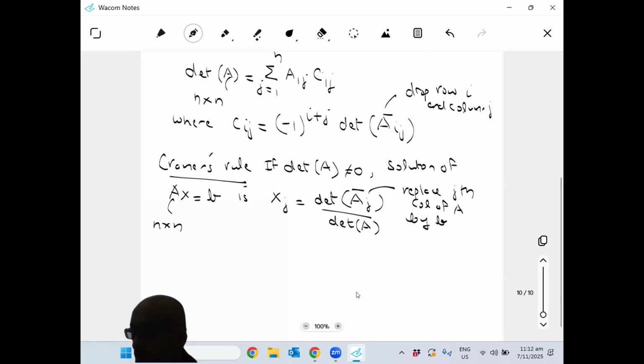We're going to use this property. More generally, you can write A inverse as 1 over the determinant of A times all these cofactors that you find, C11, C21, up to Cn1.